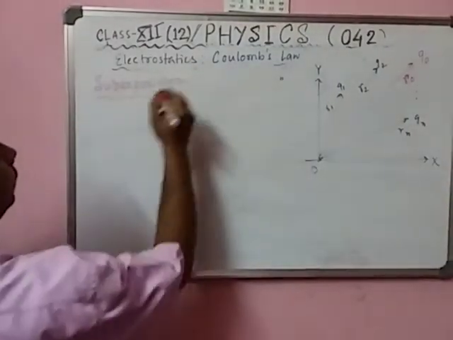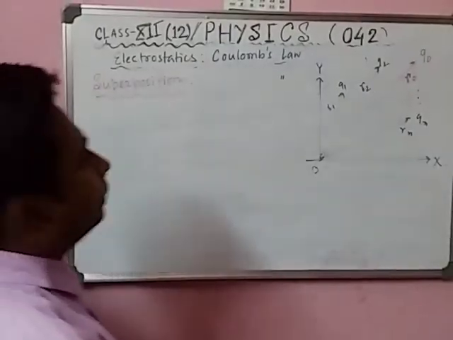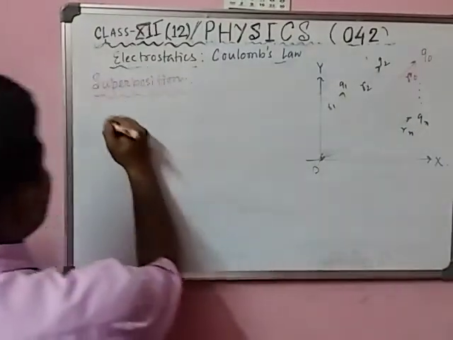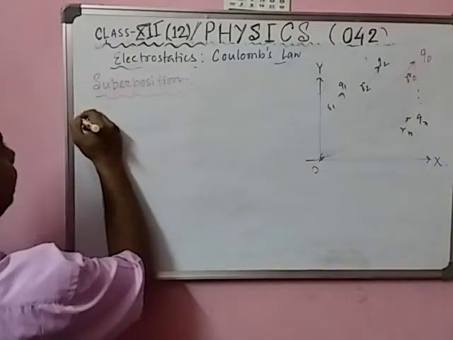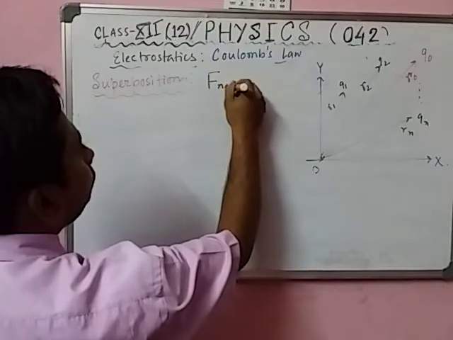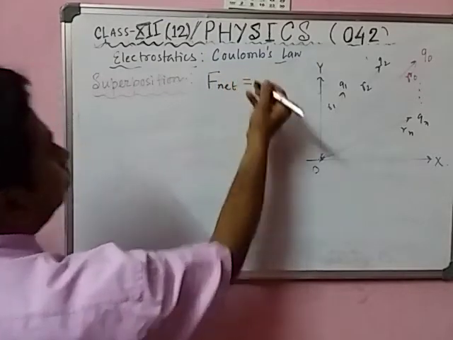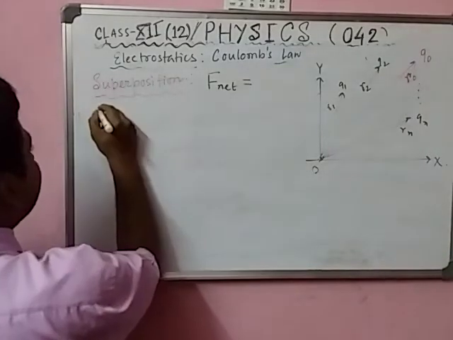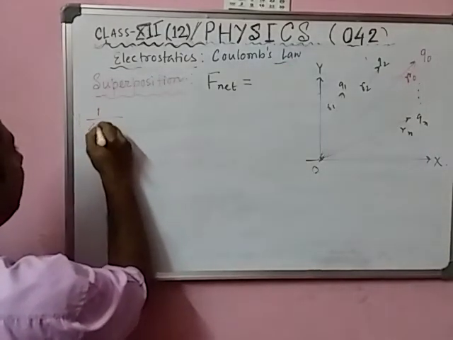So students, by the superposition principle, you can write the net force equal to, this part is common, 1 by 4 pi epsilon naught.